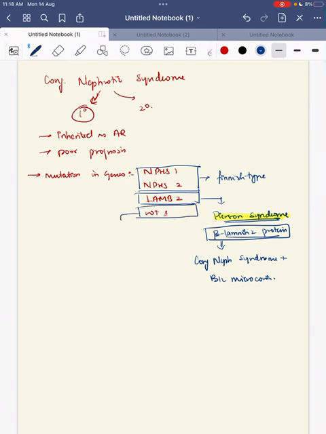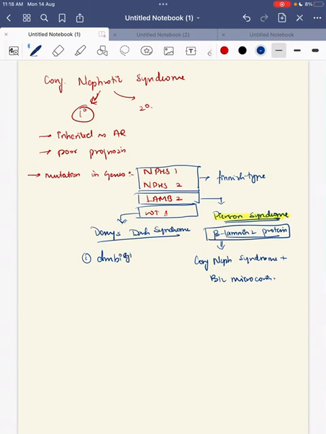Next will be the syndrome associated with the WT1 gene. Everybody knows it is Denys-Drash syndrome. So what are the other features of Denys-Drash syndrome other than nephrotic syndrome?